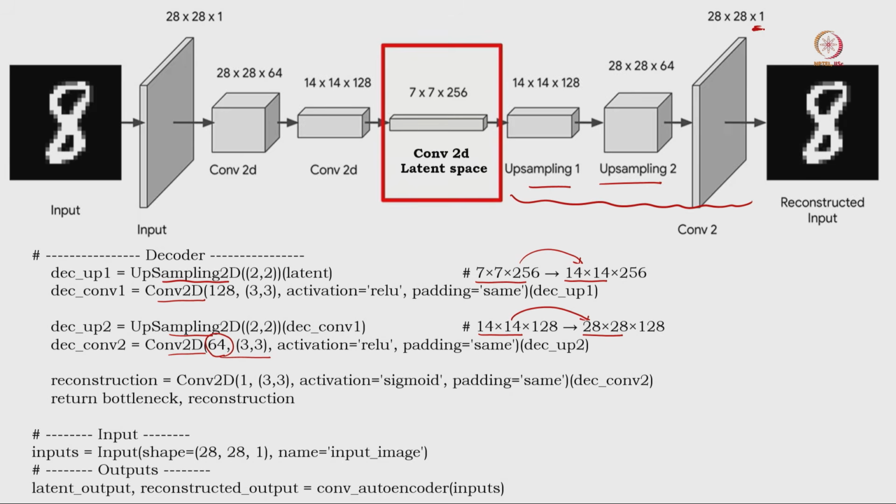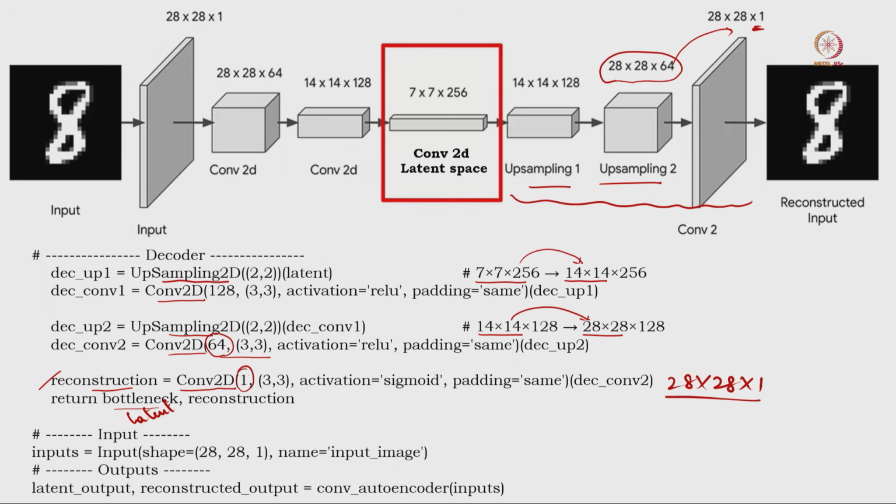So you pass it to one more convolution operation where the number of kernels is 1. Therefore, you get 28, 28, 1. So this is the reconstructed output, and the bottleneck is the latent and then the reconstruction.